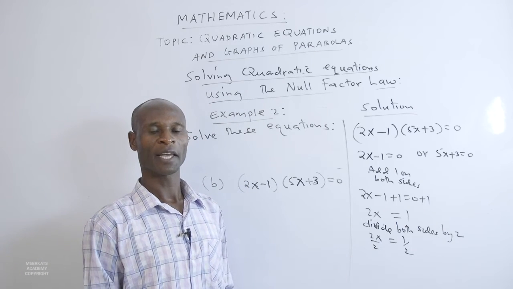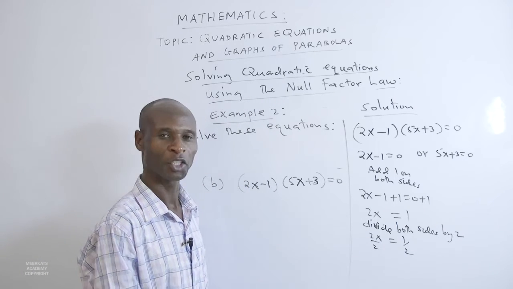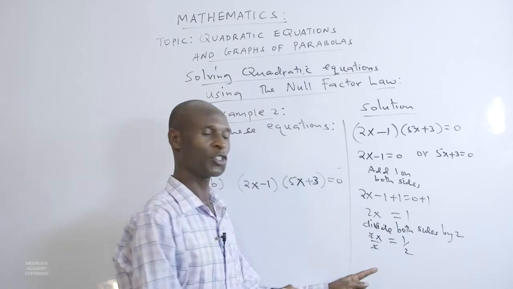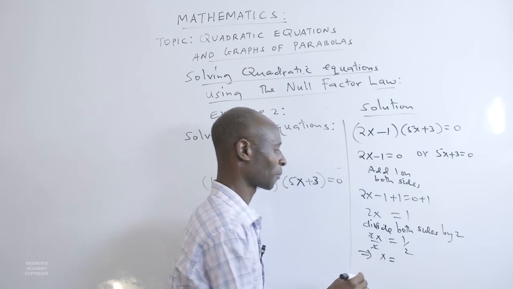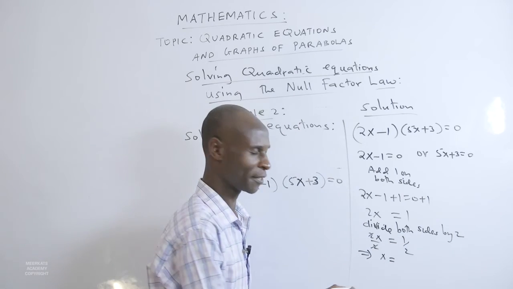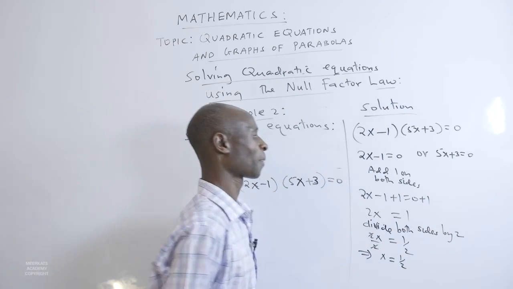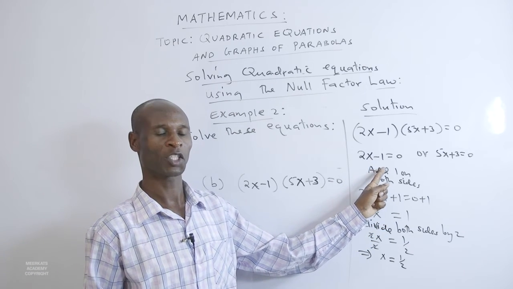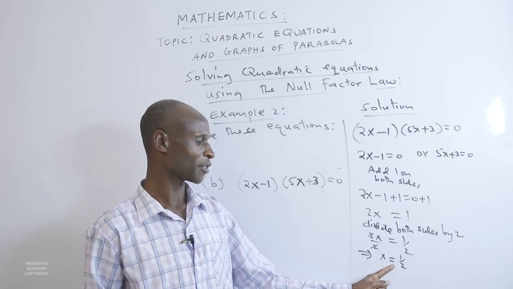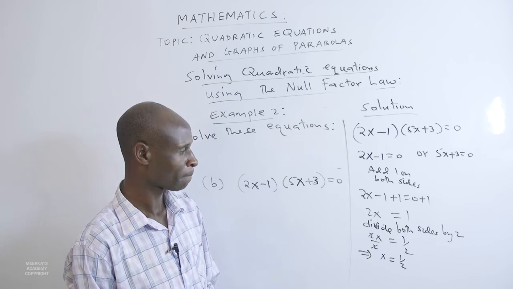If we divide both sides by 2, we shall have 2 divided by 2, which leaves us with x. Then 1 divided by 2 is a half. Therefore, the solution to the first linear factor 2x minus 1 is equal to 0 will be x is equal to a half.